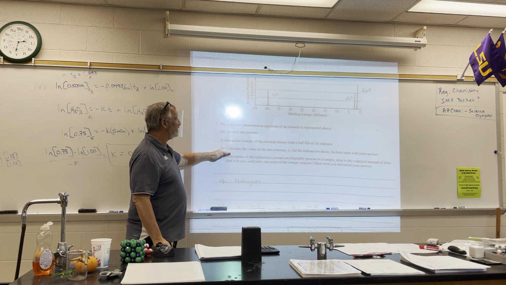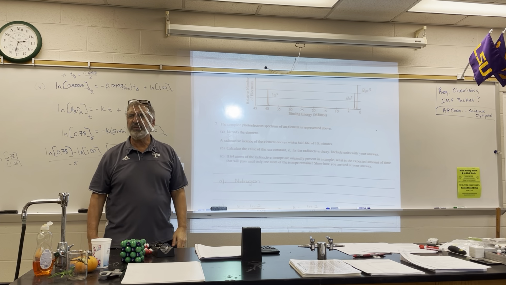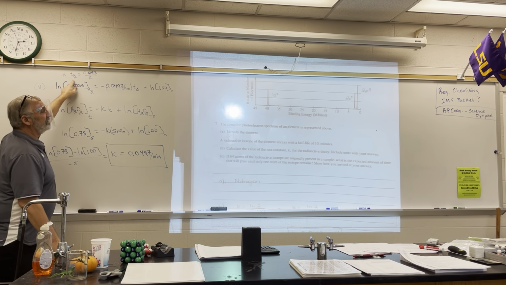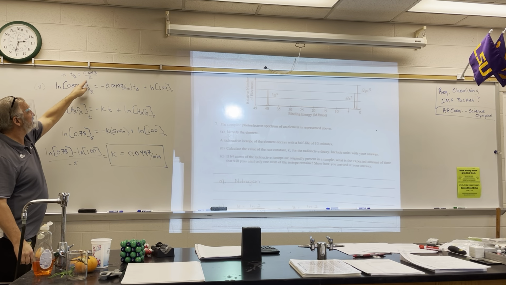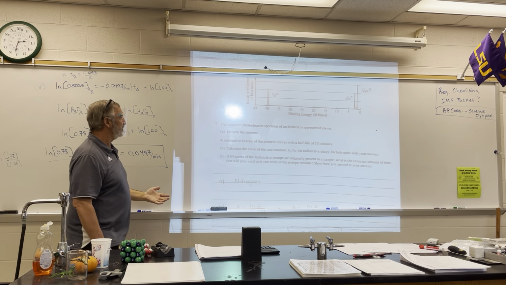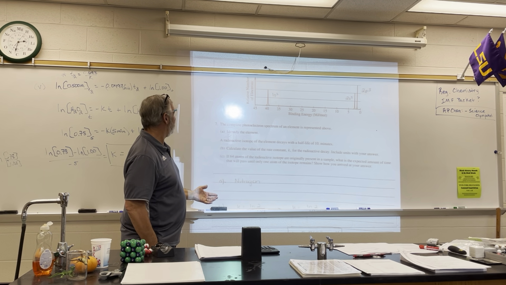Okay? And then calculate the value of the rate constant K for the radioactive decay. We didn't have to do radioactivity, but half-life, T1/2 is 0.693 over K. Calculate the rate constant for the radioactive decay of this element, include units.